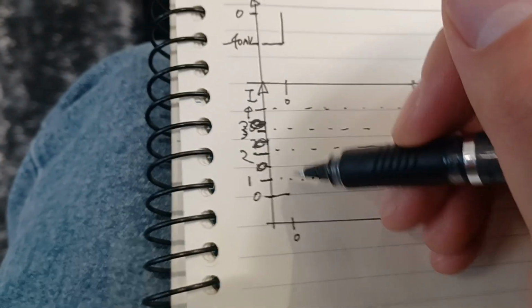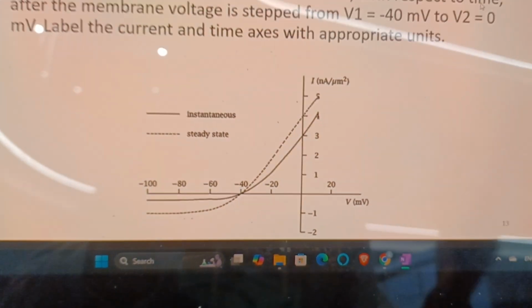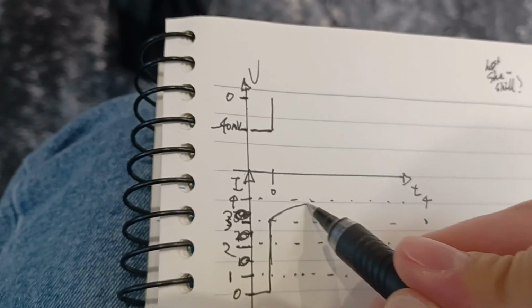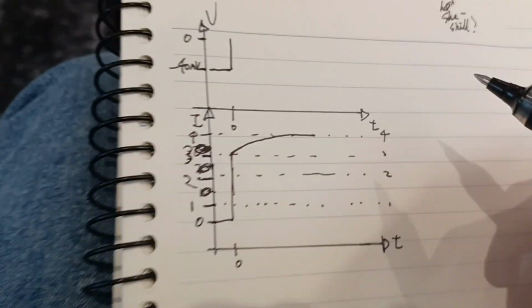So it's going to go all the way up to 3 instantaneously, right? But eventually it's going to reach the steady state value, which is the dotted line, and that is 4. So we can see some exponential curve going like that, from 3 to 4.